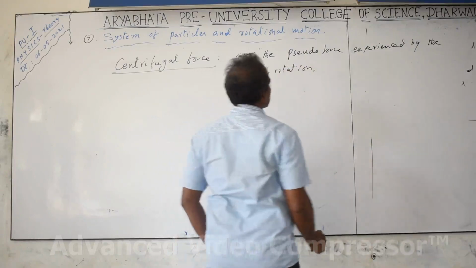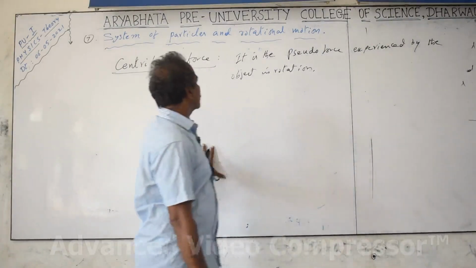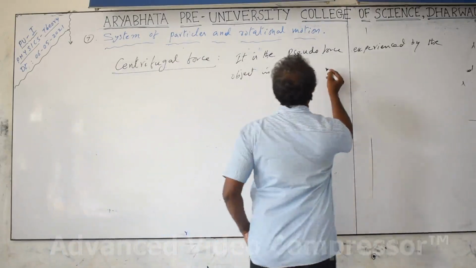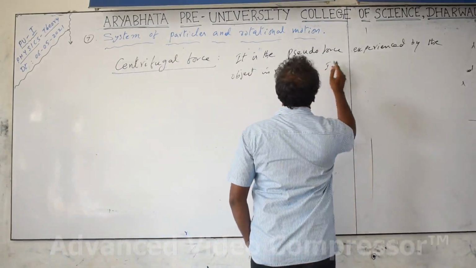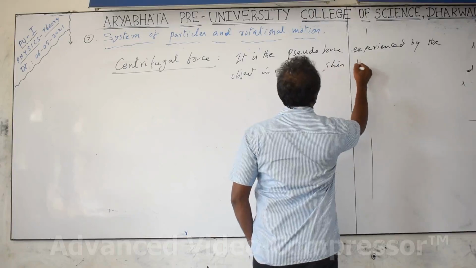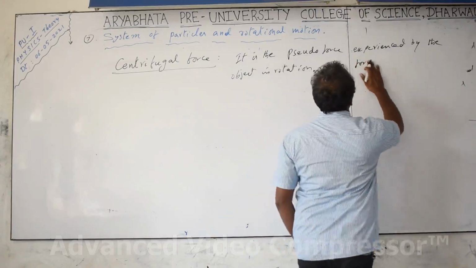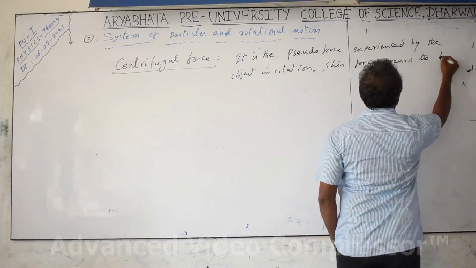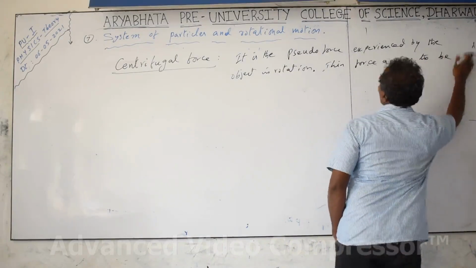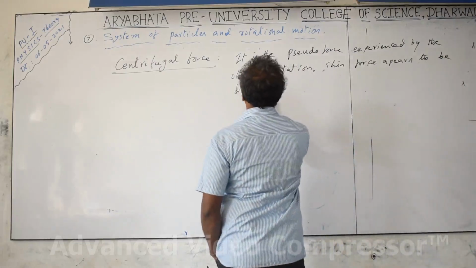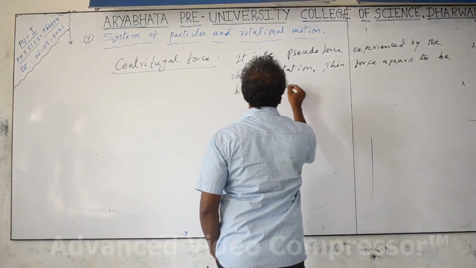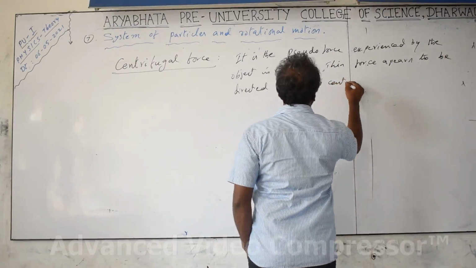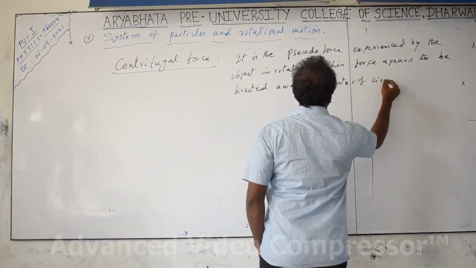What is the force experienced? The force appears to be directed away from the center of the circular path. This force appears to be directed away from the center of the circle.